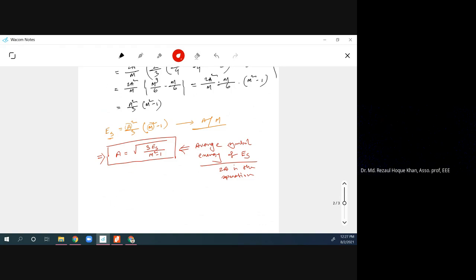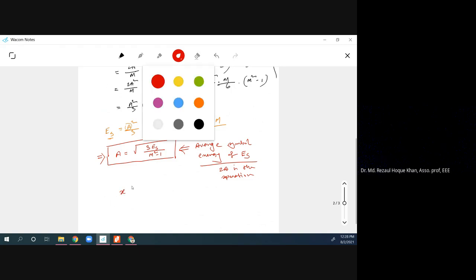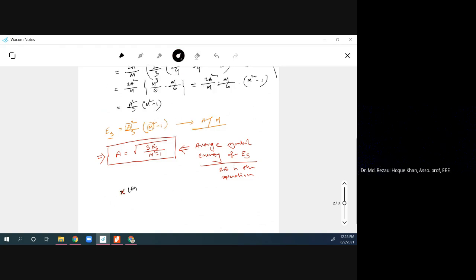Right now, we know already that our signal was x(t) equal to A0 p(t). The expression of p(t) is the standard expression, square root of 2 by T, cos of 2 pi fc t, with T being a multiple of 1 by fc, or we can write k by fc, where k is an integer.